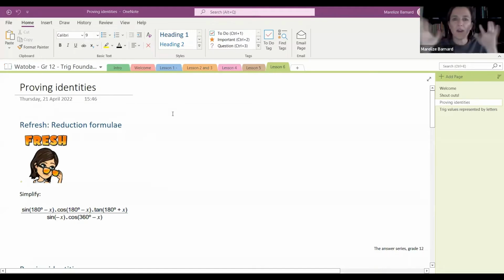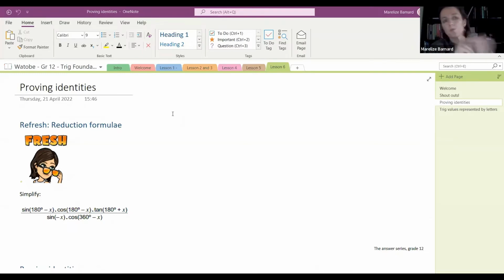For those of you who have been around for the last few lessons, we've been working our way through all the reduction formula and the rules around that. So this is just a quick refresh. I'm going to give you 3 minutes. Let's get started on this question, and when you've got an answer, put it in the chat.